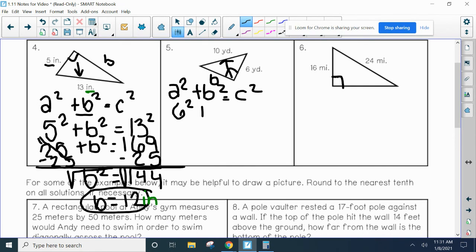All right, so our 6 squared, our leg squared, plus our unknown leg squared is going to give me that hypotenuse squared, which is that 10 yards across from our right angle, so 10 squared. Well, I know 6 times itself is going to give me 36, plus our unknown squared is going to give me 10 times itself, which is 100.